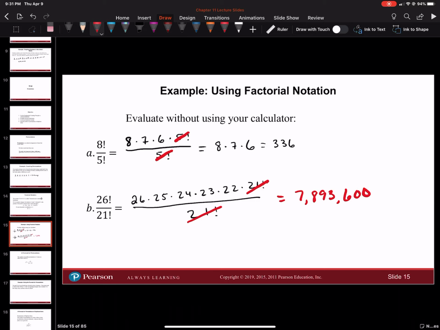So basically, all you did is multiply 26 times 25 times 24 times 23 times 22, and you should have got 7,893,600. Now, the factorial button is in your calculator. It's up to you to find it so you can use it.